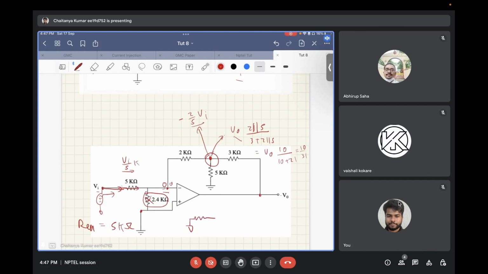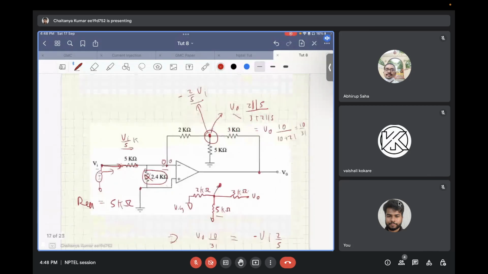What you have over here is this 2 kilo ohm goes to the virtual ground, and this 5 kilo ohm is at the actual ground, and then you have a 3 kilo ohm resistor over here, and here you have the output. So this 2 kilo ohm and 5 kilo ohm are in parallel. So the resistor divider at this node will be 2 parallel 5 divided by 3 plus 2 parallel 5. So this gives you 10 by 31.